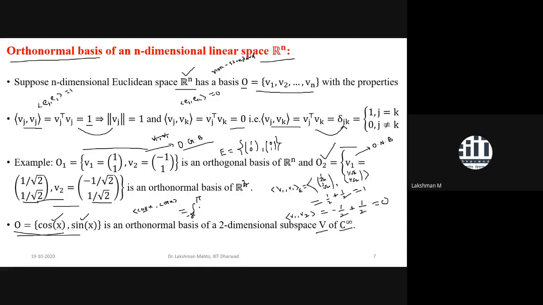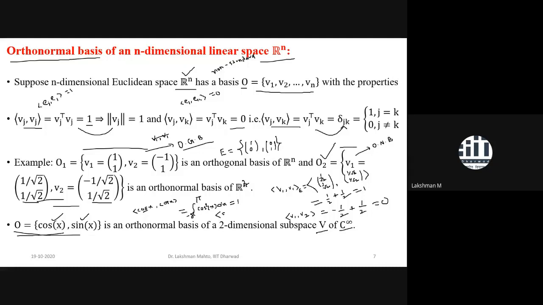So integrate with respect to x in the interval minus π to π of cos x times cos x, that means cos² x. You can calculate the integral of this one; this is homework. It would be 1.